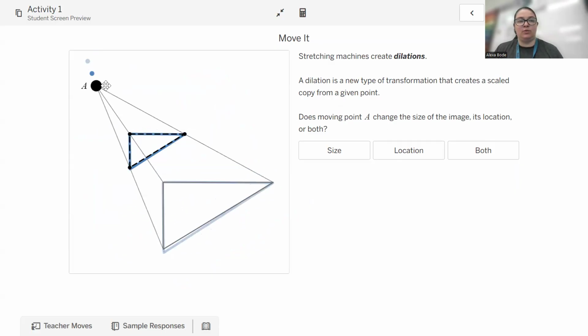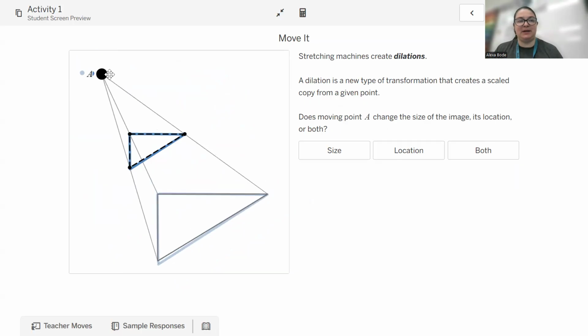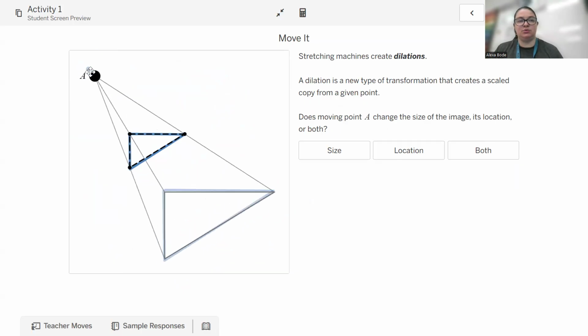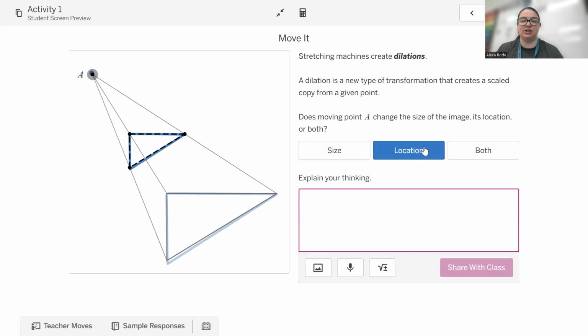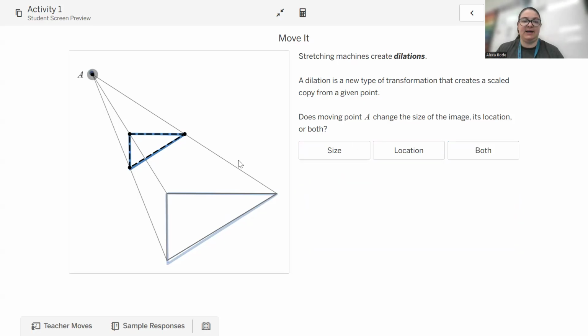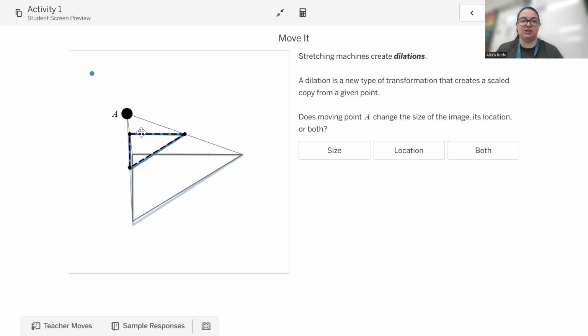So when I move point A, what is happening to this new triangle? Is the size changing? Is the location changing? Or both?